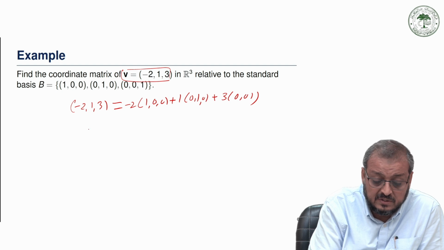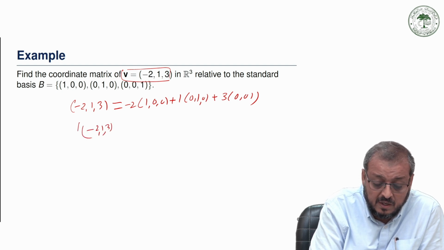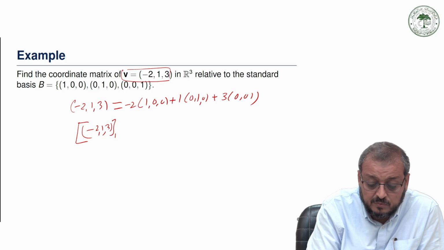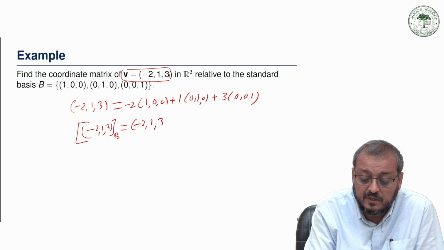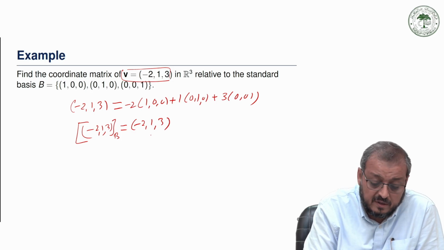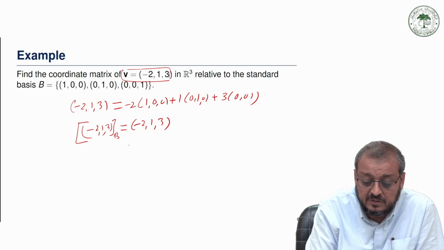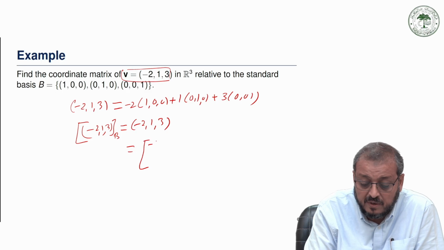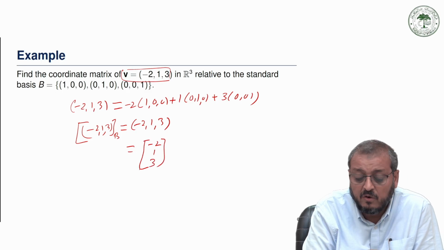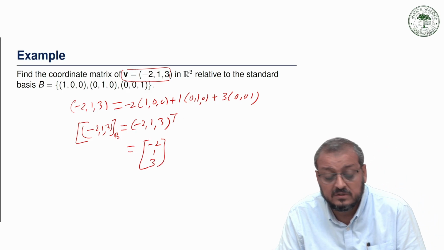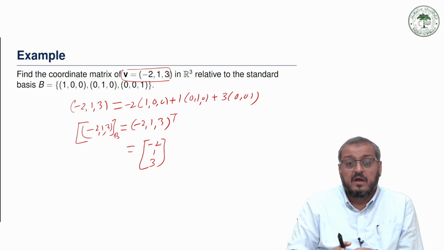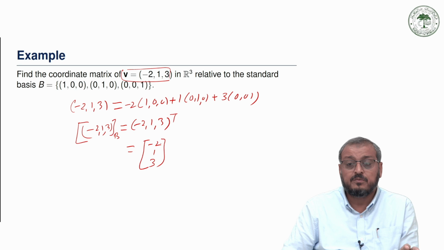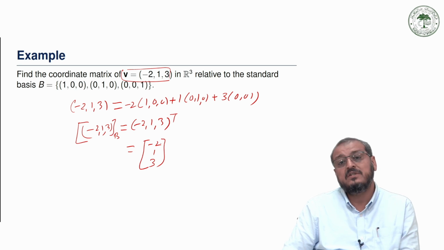So clearly this is a vector, and the coordinate vector corresponding to this basis is equal to (-2, 1, 3), or in matrix form you can take the transpose of this. So the coordinate vector of any vector relative to the standard basis is the vector itself.